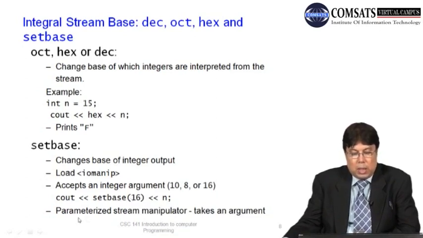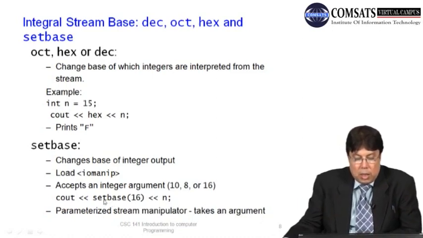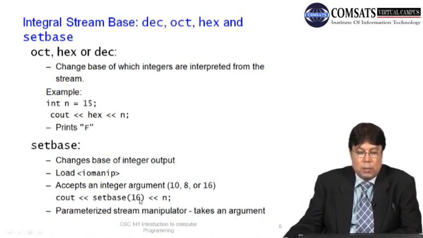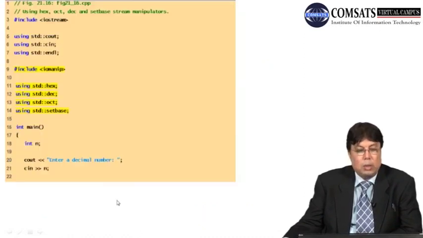So a parameterized stream manipulator takes one argument. This is a parameterized stream manipulator. Some tasks are done with the help of member functions, and some tasks you can do with the help of a parameterized manipulator. So 16 is the parameter, and setbase is a parameterized manipulator.